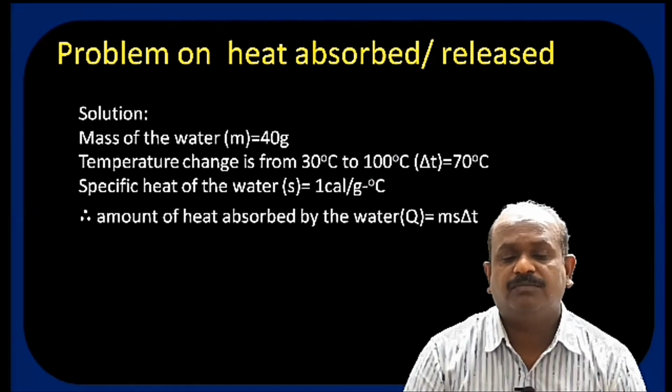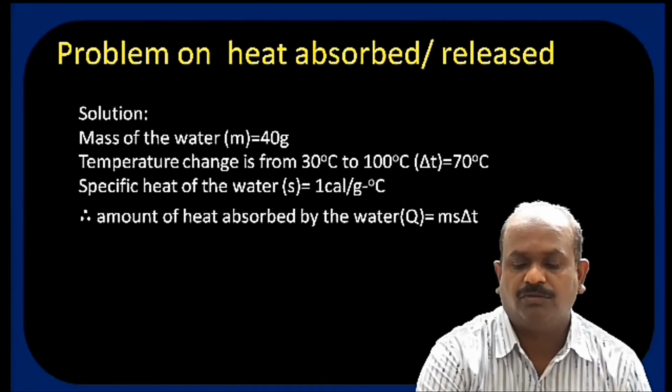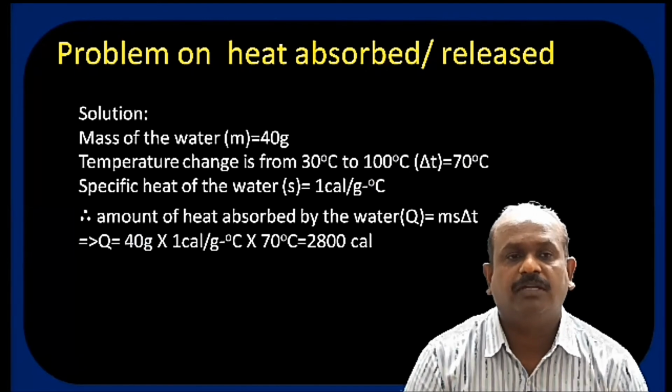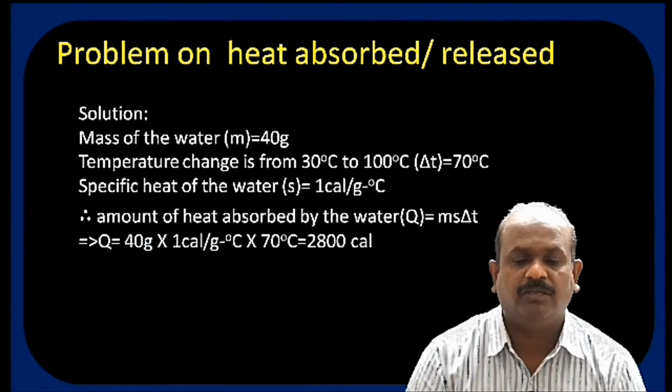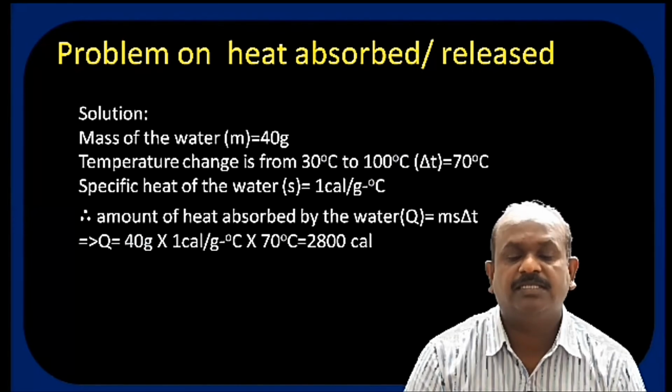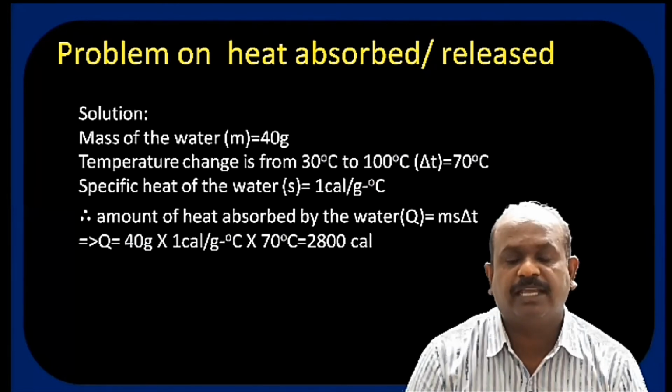The amount of heat energy absorbed by the water is Q equal to m s delta T. Then Q equal to 40 grams multiplied by 1 calorie per gram degree centigrade multiplied by 70 degrees Celsius, which is equal to 2800 calories.